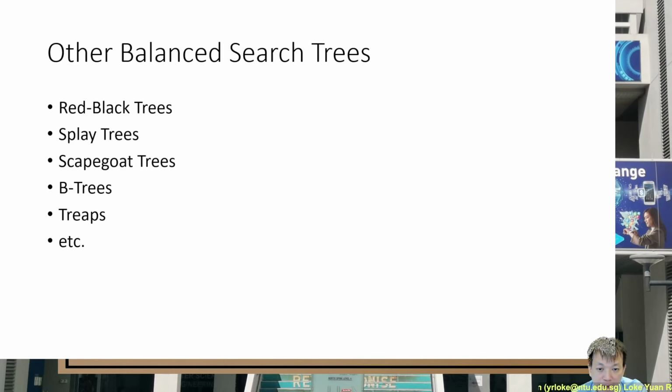Because there are so many trees, if you go and check the red-black tree or B-tree, you'll find that their algorithms are more complicated than this particular one. Do you really need to memorize all of them? Even if you memorize it today, probably a few weeks later you also cannot remember. So it becomes pointless. But try to learn how to actually do the left rotation, right rotation, balance factor, and how to calculate the height.